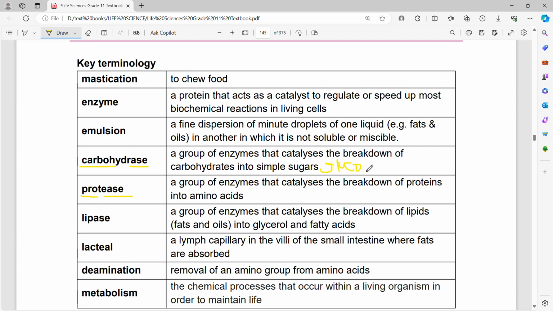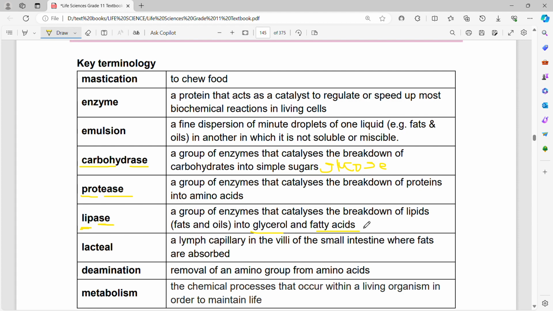in the human body. Then lipase. Ase means to break down, lip is short for lipid, so it will break down lipids. Lipids will be broken down into glycerol and fatty acids. The simple form of lipid is glycerol and fatty acids.